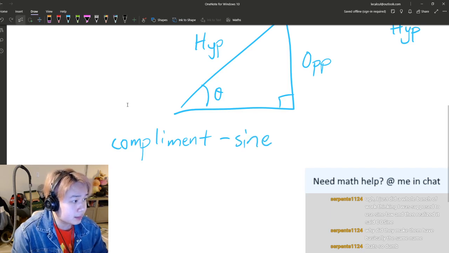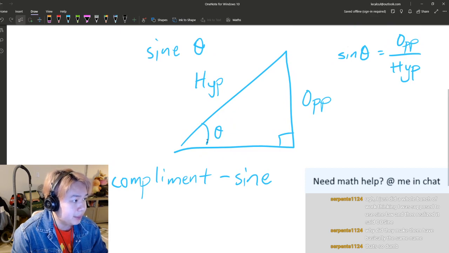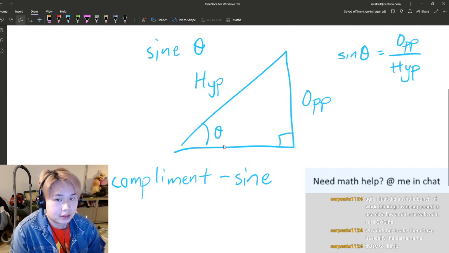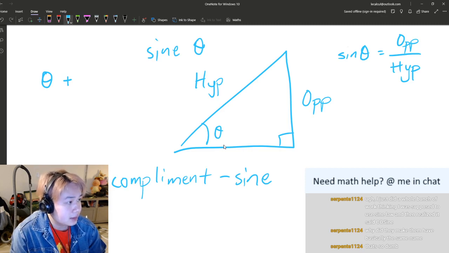So what exactly is the complement? It's talking about the complement of this angle. Two angles are complements of each other when they add up to 90. So if you ever need two variables for angles, the other one you use is this one or this one.